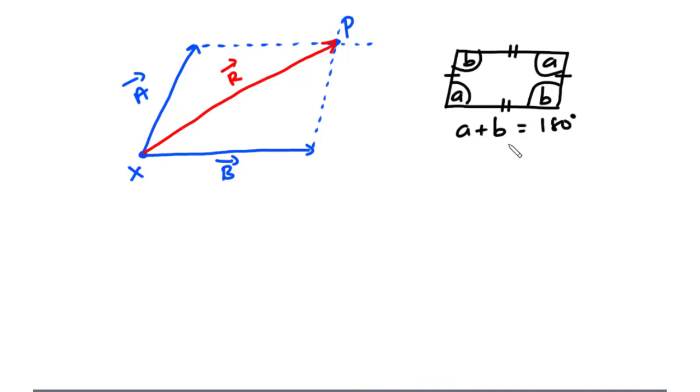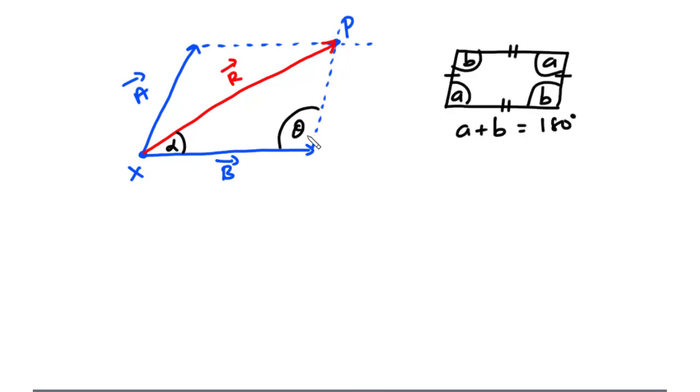So let's apply these properties here in this diagram. Let the angle between the resultant vector and vector B be alpha. Also, let the angle between vector A and then vector B on the right side to be theta.